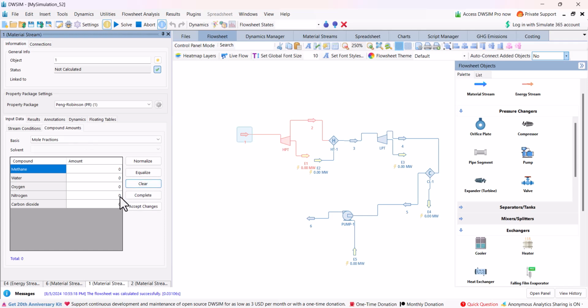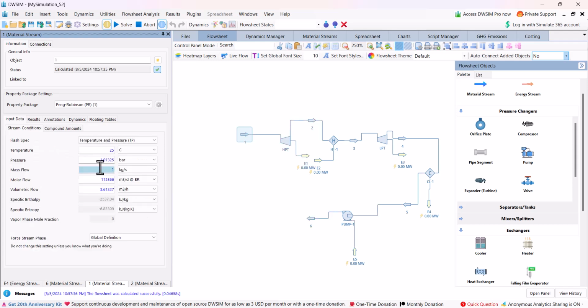As it will only be water in the stream, we will clear the existing compound mole fractions and enter 1 for water, accept changes, and the stream conditions will be, let's make it 50 kilogram per second. Pressure will be 180 bar as given in the problem, and temperature was 550 degrees Celsius.